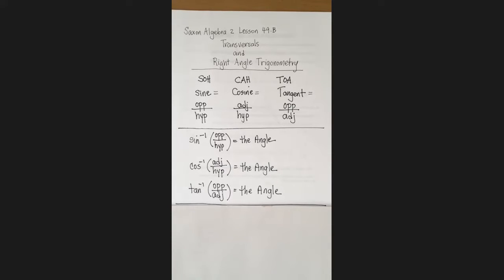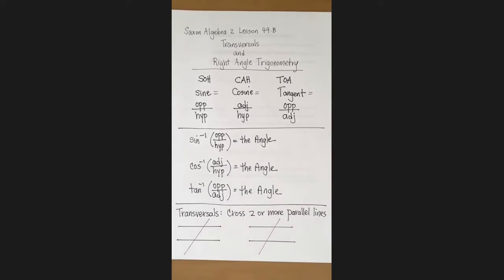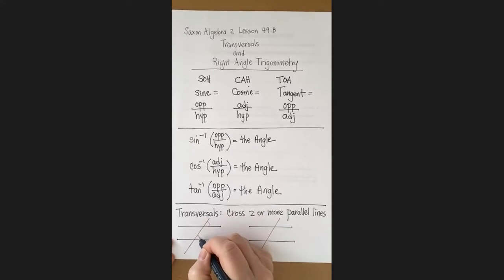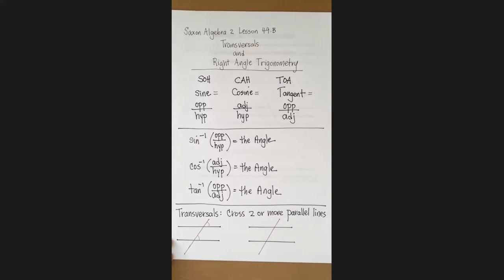So let's talk about transversals now. One thing to remember about transversals is that this is generally a term used for a line that crosses two or more parallel lines. And we've learned that all the small angles are equal when you have a transversal.